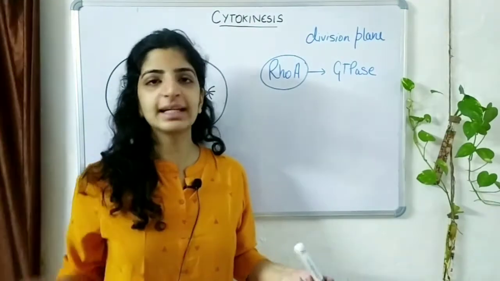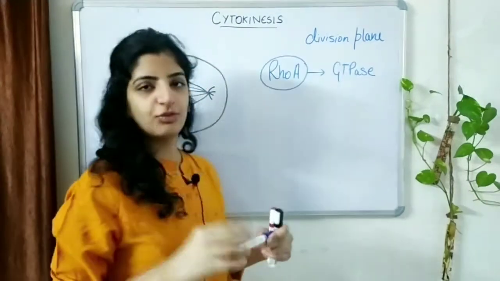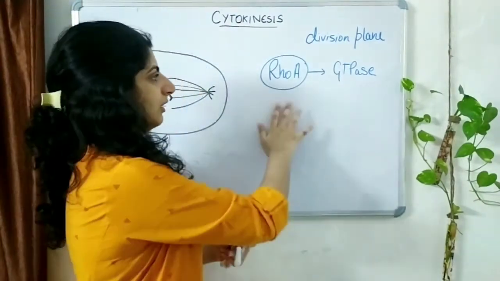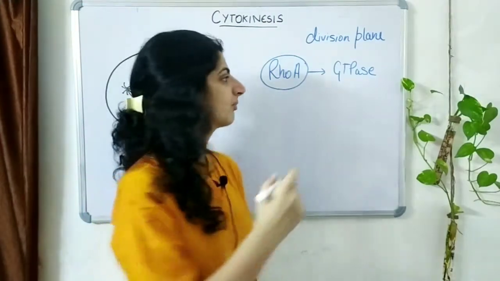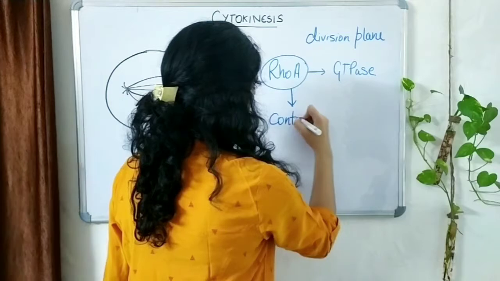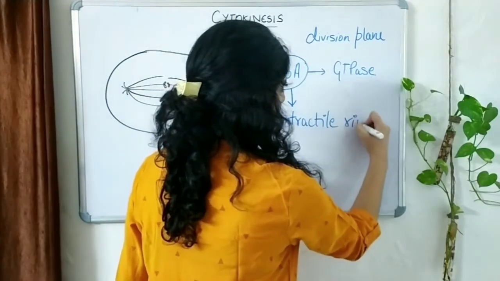It functions exactly as ATP does. The bonds this phosphate group stores are released, and RhoA can then form a contractile ring.